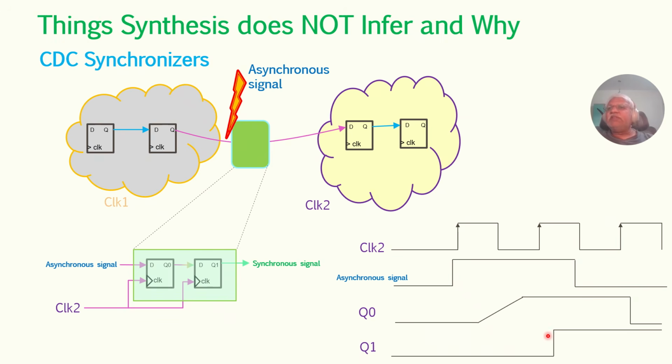So even though the signal came very close to this edge and the clock to Q delay was more than 10%, which is a failed case for the first flop, the second flop was able to handle it and catch the asynchronous signal correctly.